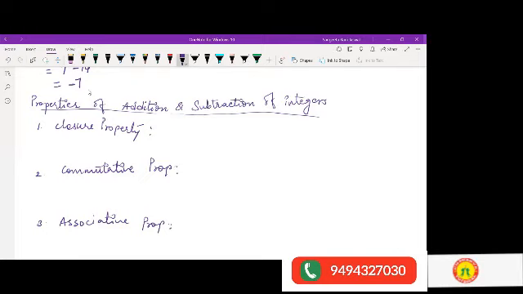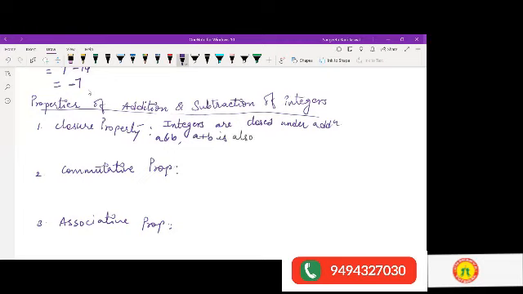Now see, the closure property says that integers are closed under addition. What do you mean by this? This means that for any two integers, say I take the integers a and b, a and b are any two integers, I say that a plus b is also an integer.